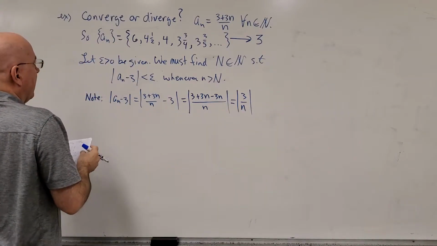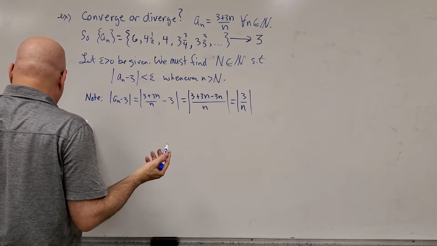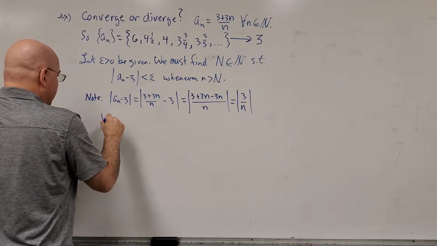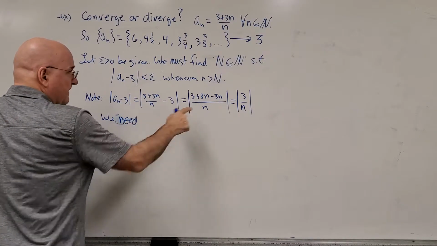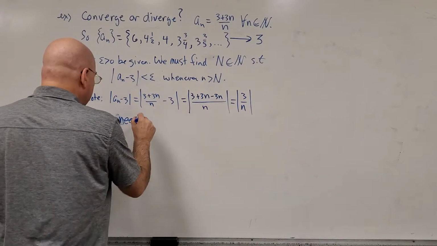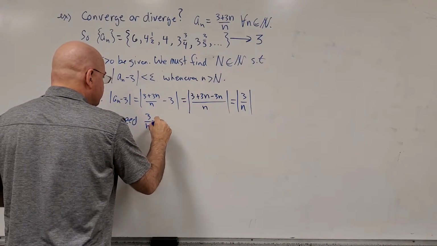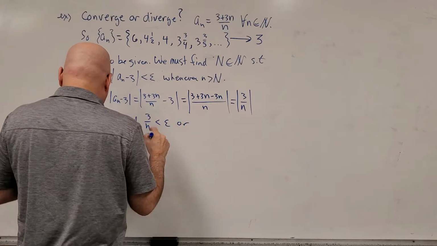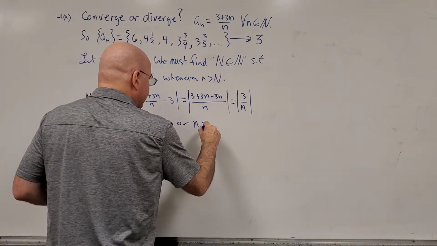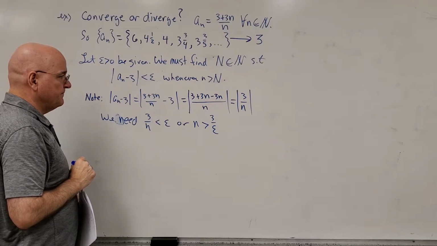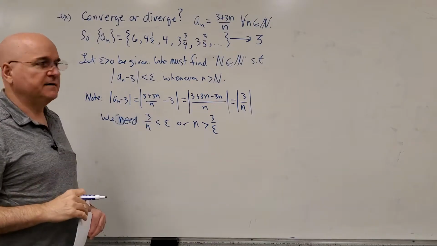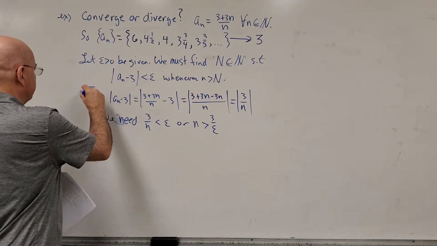So what are we going to use for our capital N? We need that to be less than epsilon. We need 3 over n to be less than epsilon, which could be written as n greater than 3 over epsilon. And that's where we get our capital N, from this little note.